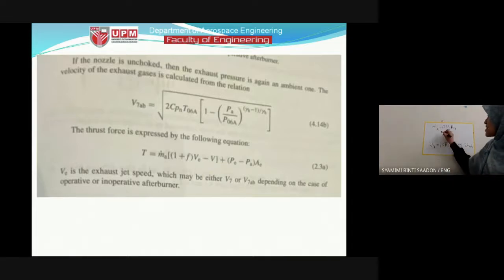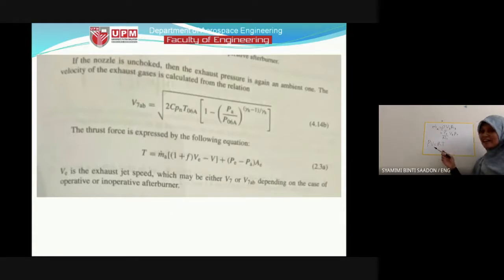So to calculate density, we use the ideal gas. Density is equal to P7 over RT7. Remember thermodynamic ideal gas equation, PV equals RT, right?